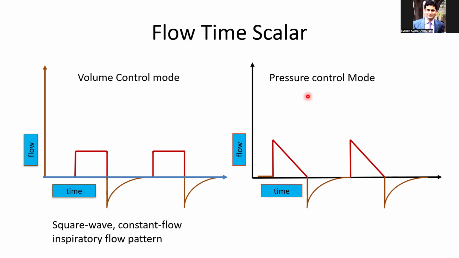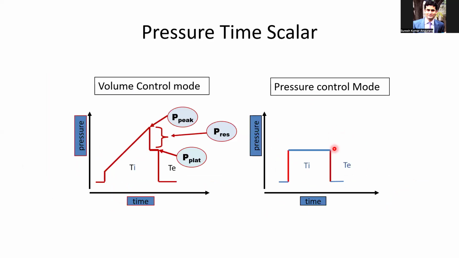However, in pressure control mode, the shape of the inspiratory flow pattern is variable decelerating. So there is maximum flow at the start of inspiration, and then decelerating flow, and expiration is again a negative deflection. So this is an important difference between volume control and pressure control modes in a flow time scalar.